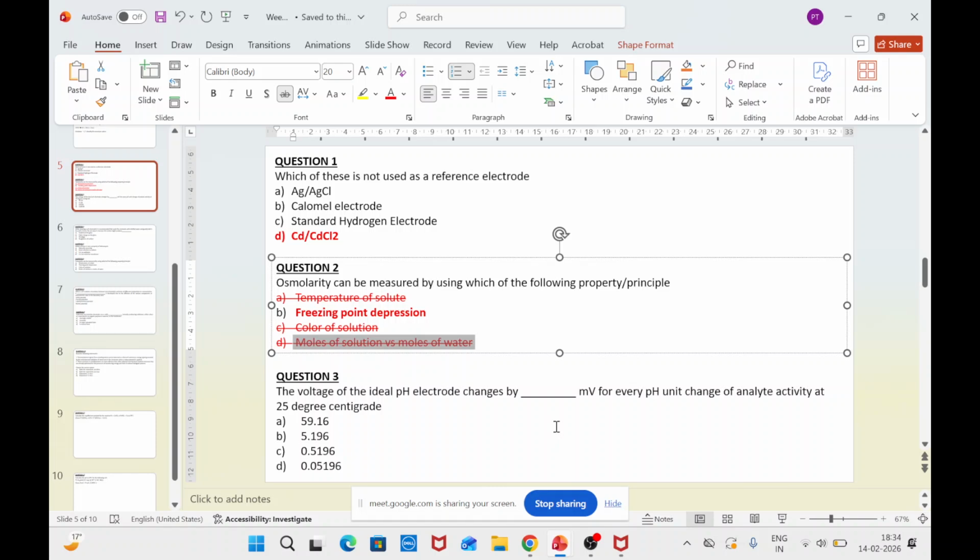So moving to question 3: the voltage of an ideal pH electrode changes by dash millivolts for every pH unit change of analyte activity at 25 degrees centigrade.